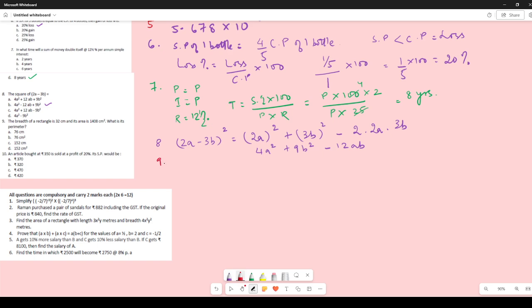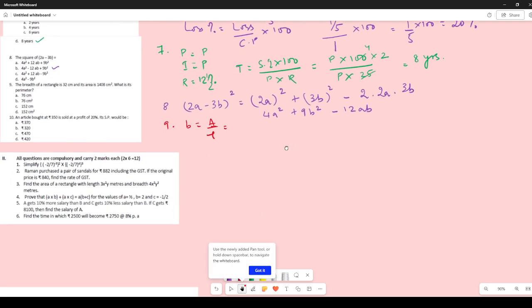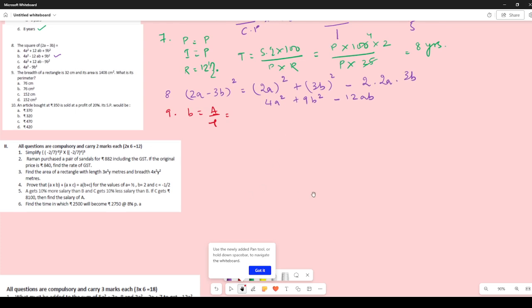B is equal to A by L, so A divided by L is B. Here we have to write length and here we have the breadth.